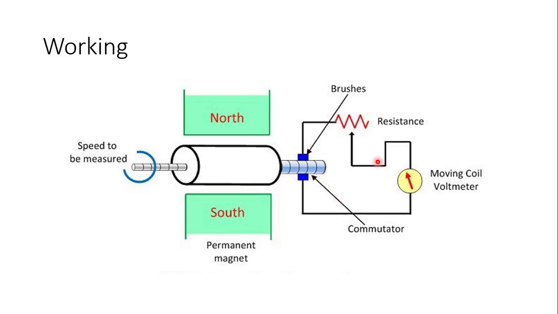When the current is generated, your voltage will tell you how much RPM it is rotating. It is all calibrated. Permanent magnets are there. When it's rotating, the current is generated, and this can be sensed in this circuit, and you can get to know the RPM.